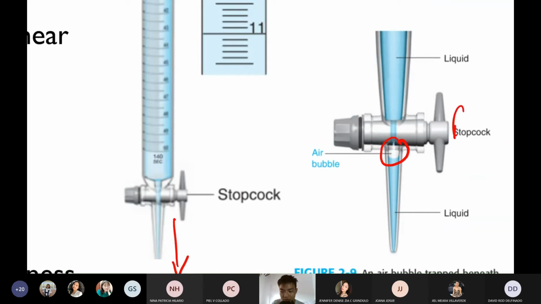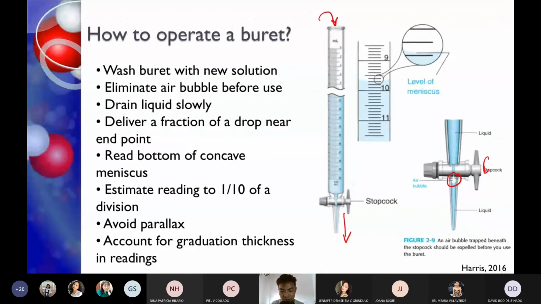You twist the stopcock until it opens, until the air bubble is pushed outside the instrument, no, or the tool. Okay, so it can deliver as accurately as 0.1 ml. Okay, so up to that lang ang limit niya.